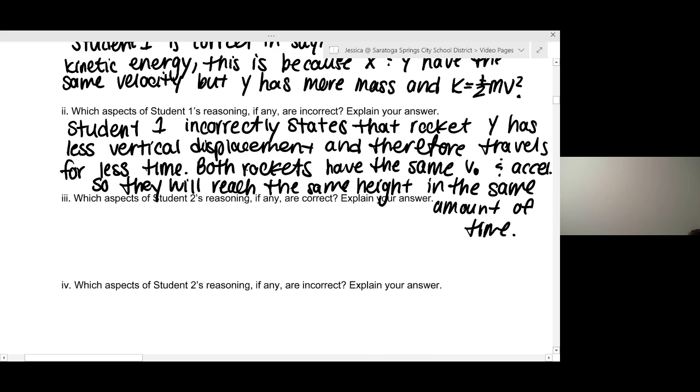Yes, we could also add in something like the mass does not matter if we wanted to, but I'm actually going to talk about that in student 2.